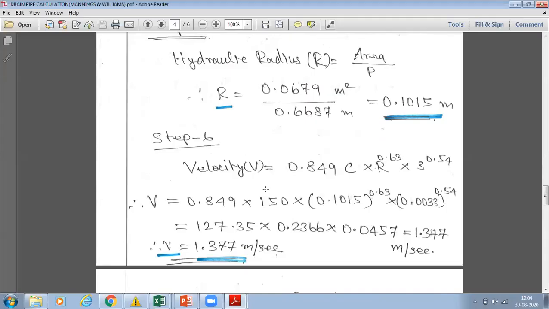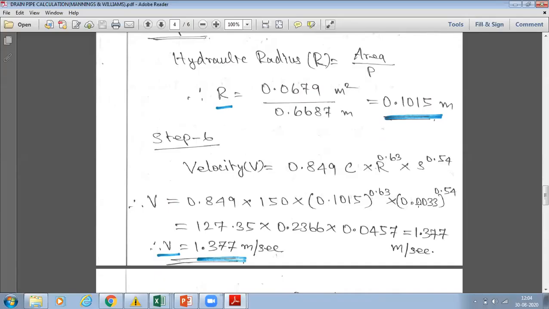In step 6, we go for velocity. Velocity V equals, now we are using the Hazen-Williams formula, 0.849 C into R power 0.63 into S power 0.54. Therefore V equals 0.849 into 150, the C value I have considered, into the R value power 0.63 into S, the slope.